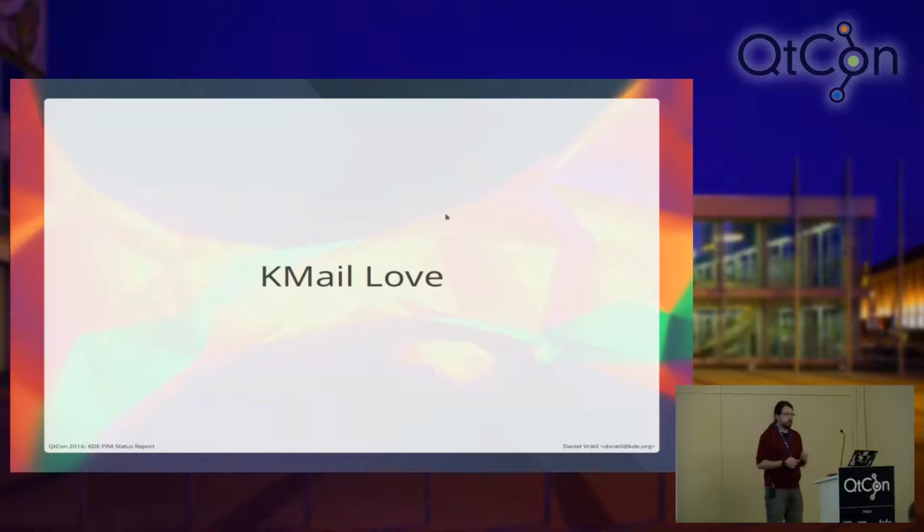So in KMail now, you can actually choose that if you are sending email to a specific domain, we should use some specific identity for that. That means, for instance, if you are sending an email to a @kde.org address, you always want to send it from your @kde.org address, so that you don't accidentally send it from your work account or personal account.